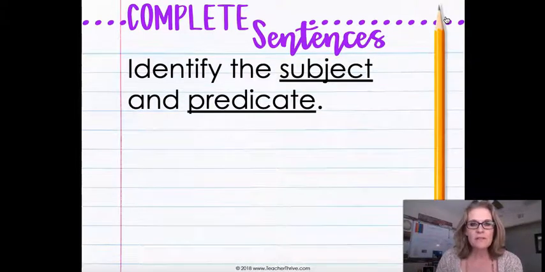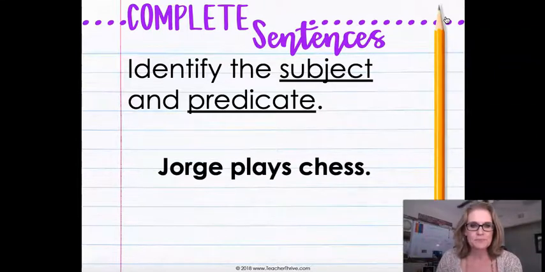Now we're going to identify the subject and predicate in a sentence. George plays chess. So let's look at this sentence. George is the subject, right? He's the who or the what the sentence is talking about. What about George? He plays chess. That's our predicate.